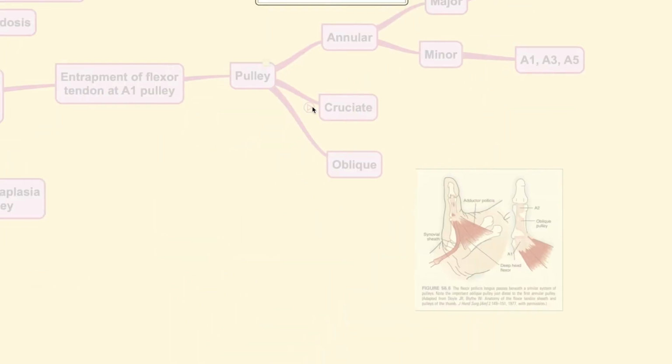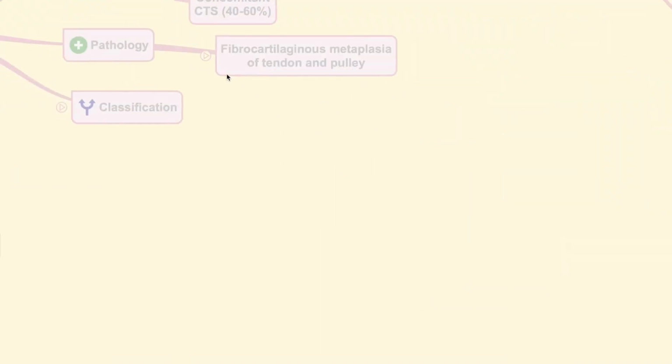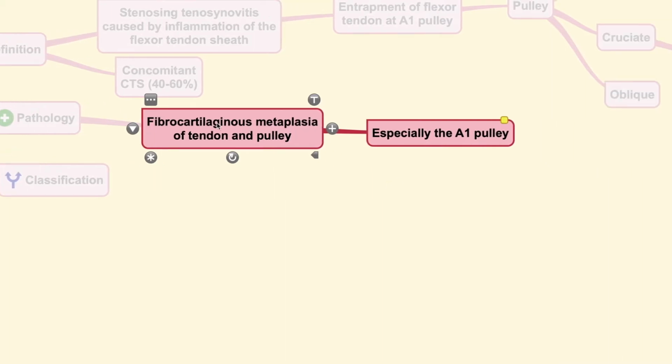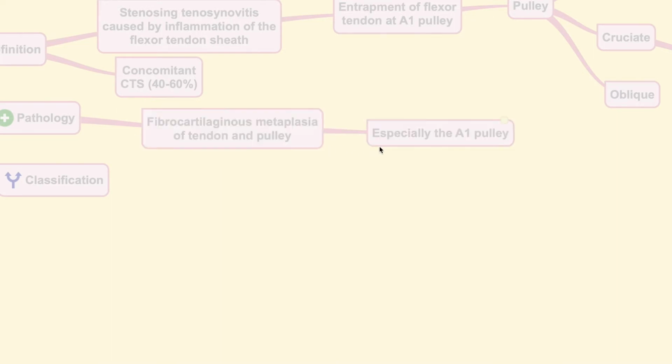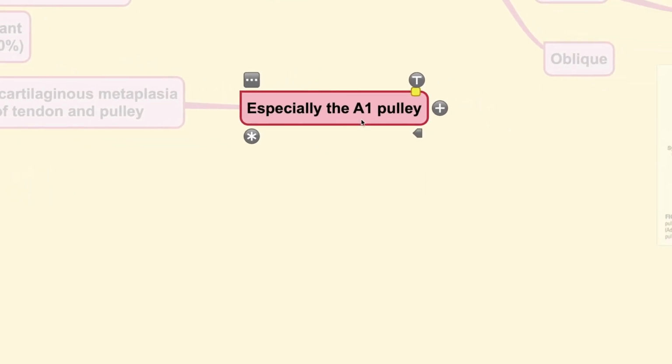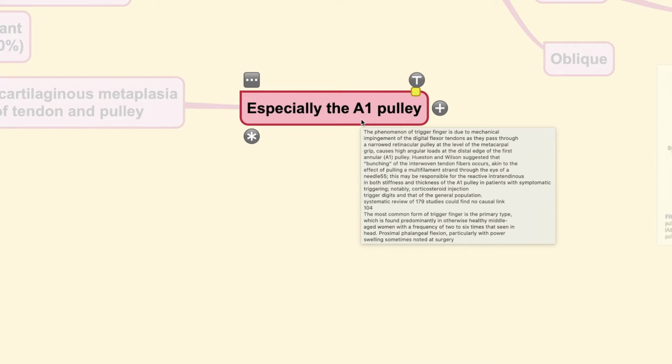Now let us go to the pathology. As I have mentioned before, the condition causes a fibrocartilaginous metaplasia, but what actually causes it is that, especially at the A1 pulley, there is a peculiar anatomical anomaly, which is the high angular loads that occur at the distal edge of the first A1 pulley.